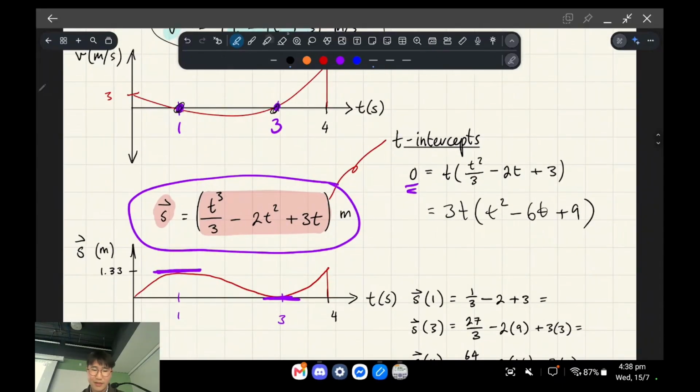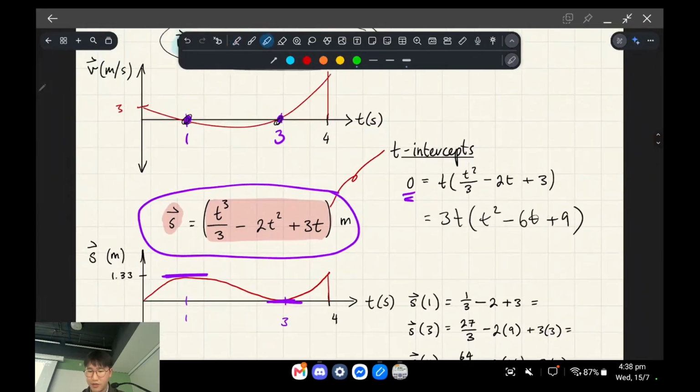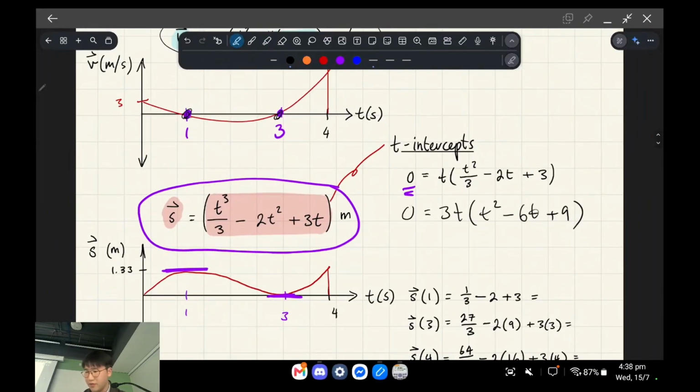Okay, apologies. So now I've got these terms here, and it's still all equal to 0. What I do is, this is a perfect square, right? So I go 0 equals 3t times (t minus 3) squared, okay?